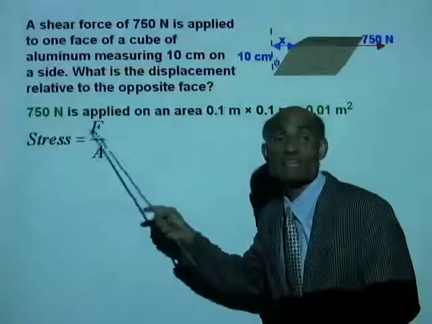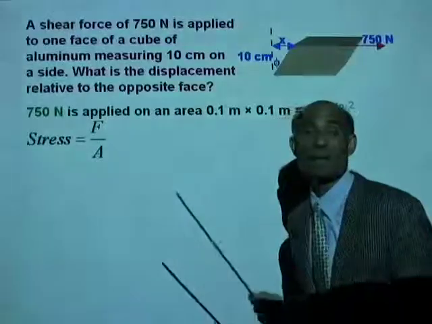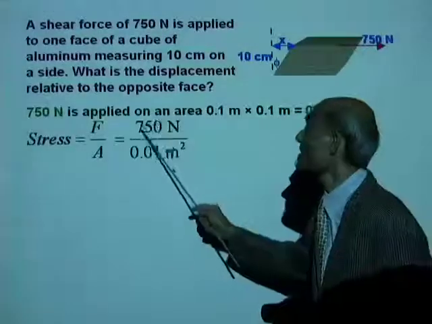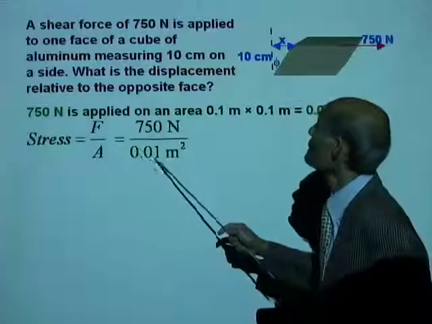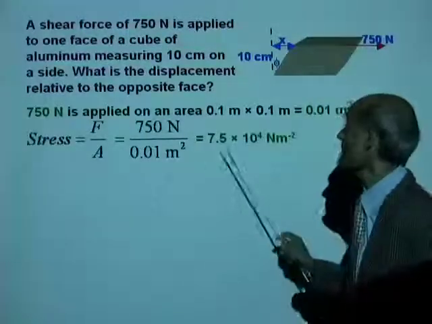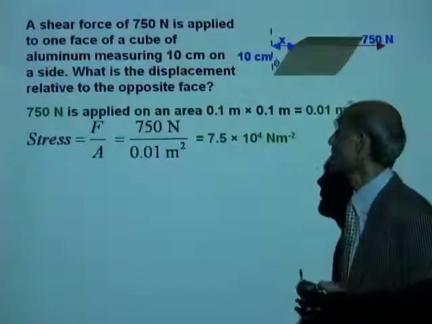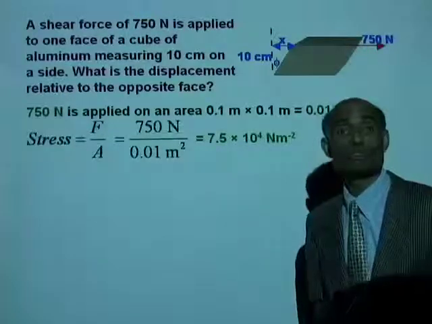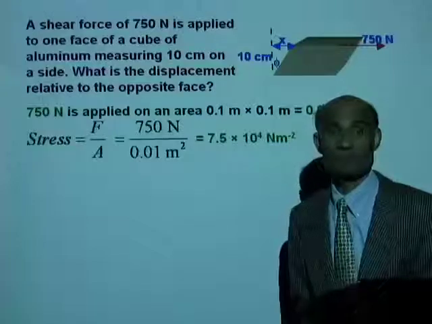Therefore, stress is force divided by area, that is 750 Newton divided by 0.01 meter squared is 7.5 times 10 to the 4 Newton per meter squared.